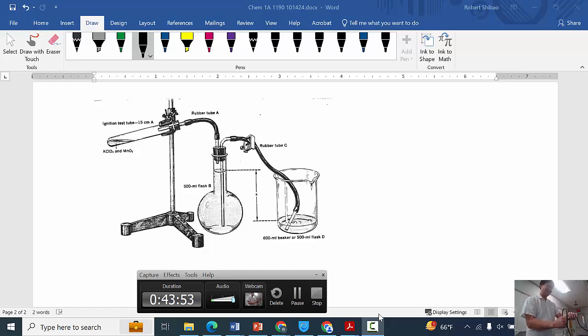I see something that's wrong here. You can check your apparatus, but the tubes are placed on the wrong ends here. You have to be very careful removing the tubes. This is where most accidents occur.